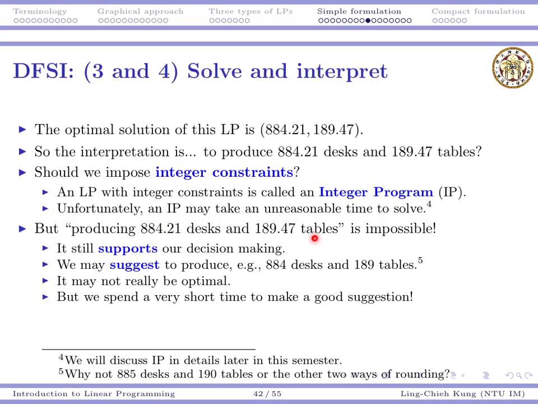But when you remove those fractional numbers from quantities that are thousands or hundreds or millions, then those fractional numbers don't mean anything, right? So, in practice, we will not impose integer constraints on those products that should be integer. That's something for you to keep in mind. Okay, that's the first example.